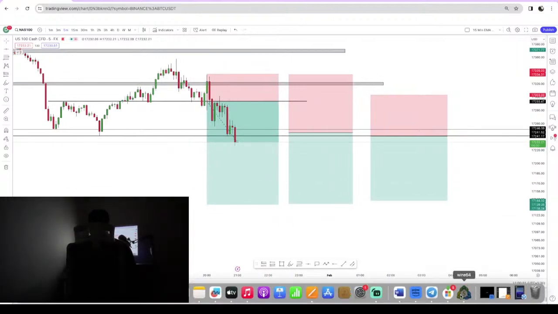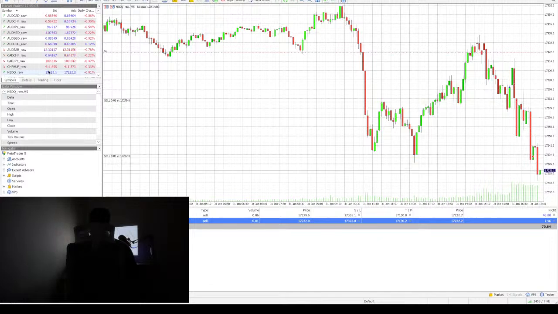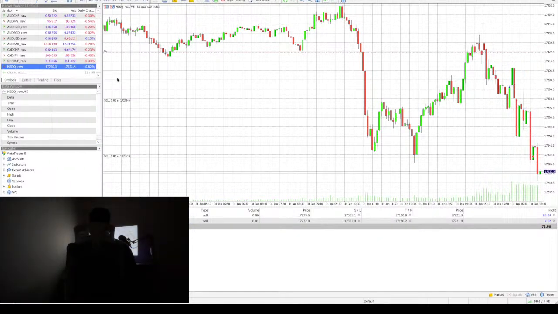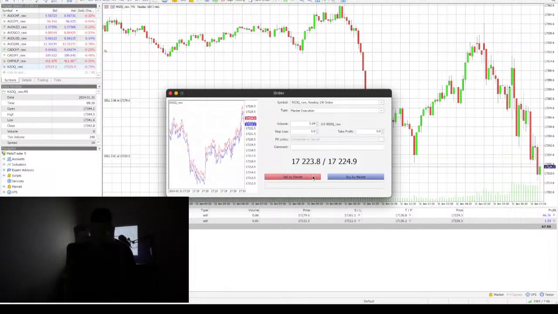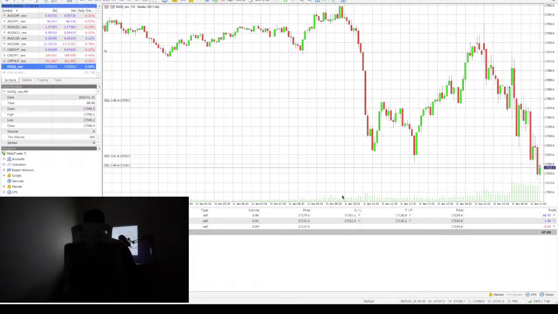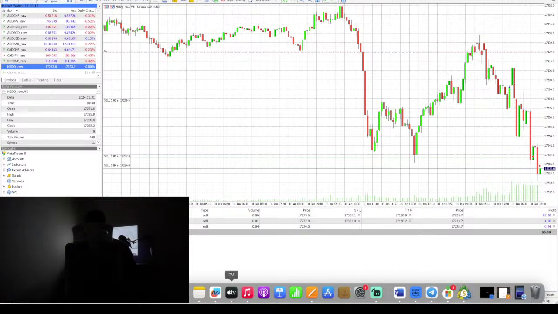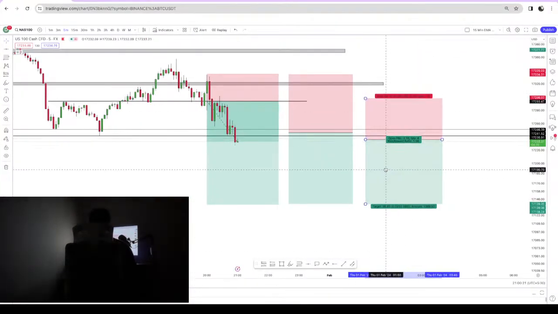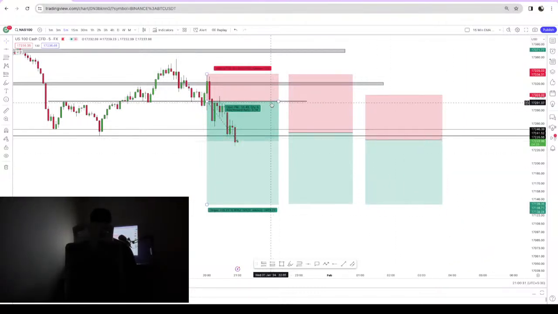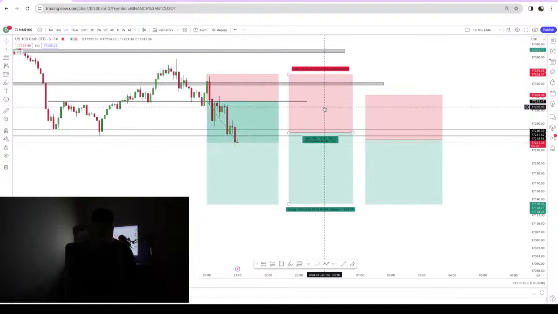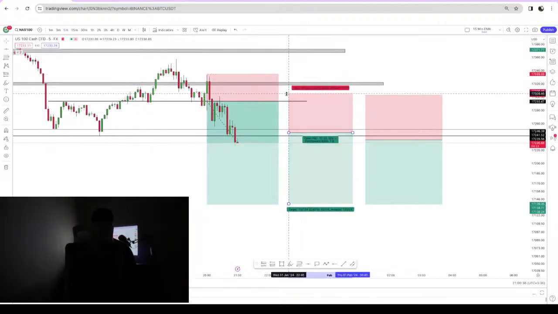So I'm adding 0.05 more. 0.04. All right. So we have increased our position from here, and I'll keep this stop loss here only, and I'll shift this position's stop loss here and this one here.